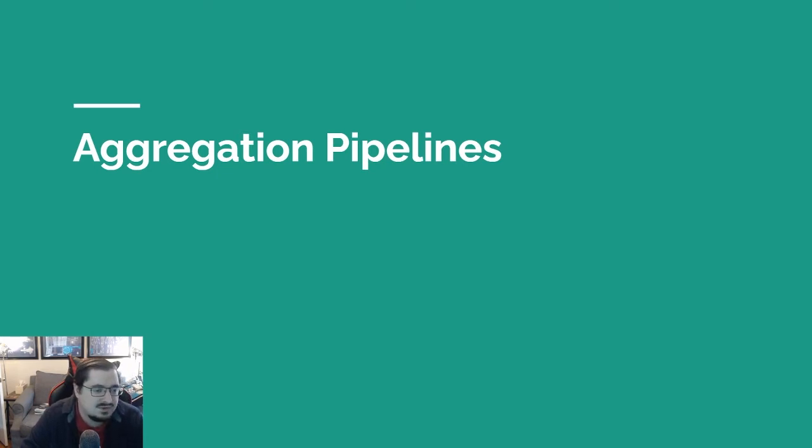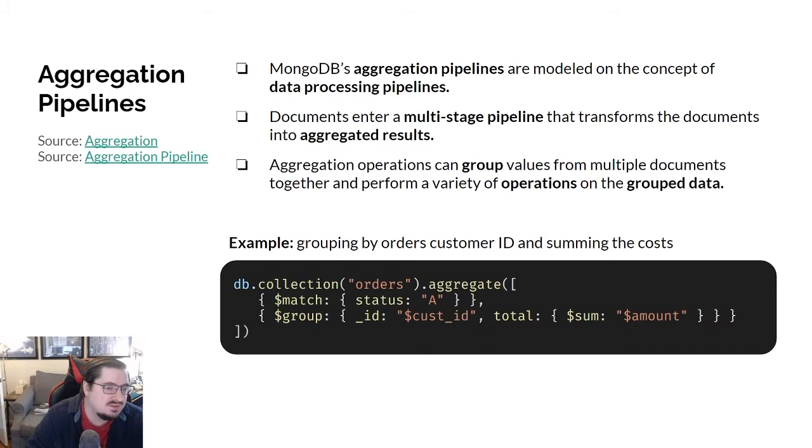So we're going to talk about something called an aggregation pipeline, and this is specific to Mongo. But this is basically the way that you write select statements in Mongo. Aggregation pipelines are modeled after this idea of data processing pipelines, where you do one thing and then hand it off to the next piece and then hand it off to the next piece.